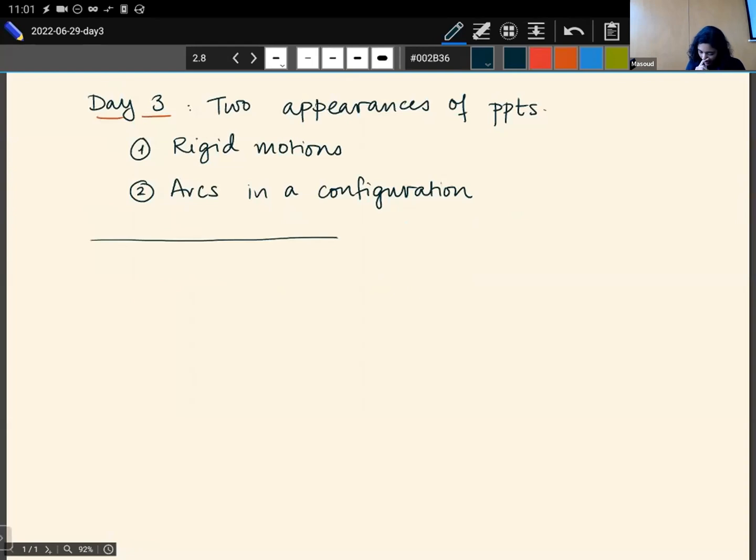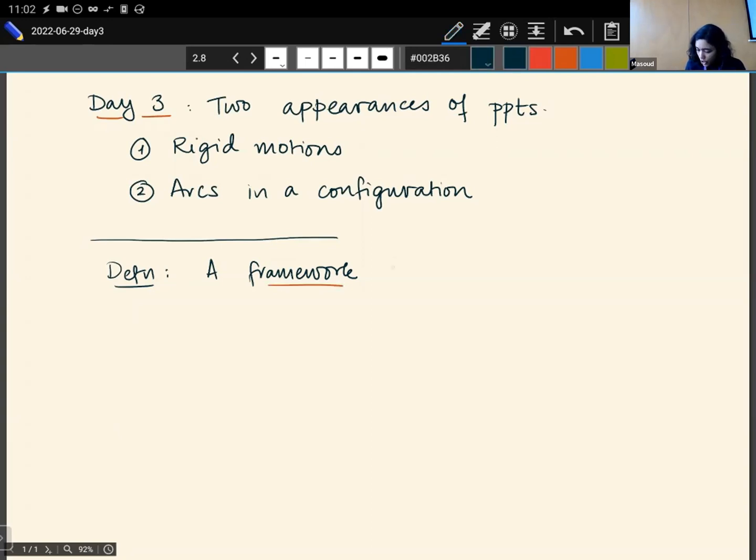Let me make a couple of definitions. One thing that we'll be dealing with when we discuss rigid motions are frameworks. I hinted at this yesterday. If we have a planar graph drawn using straight lines, I can alternately think of it as being constructed out of rigid rods.